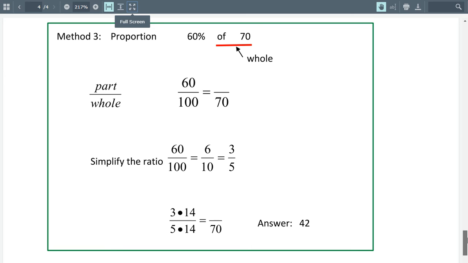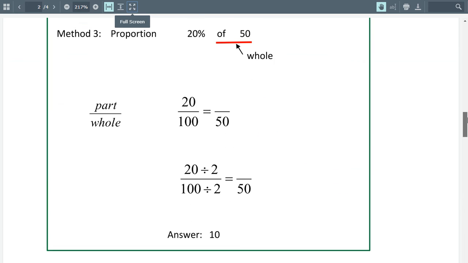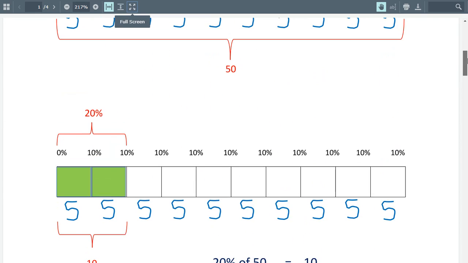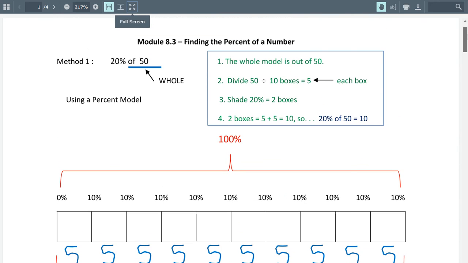Now, you can always go back and try any of these problems again. What I can also do is add words to our problem. So let's say 20% of the 50 pencils are red. How many are red?